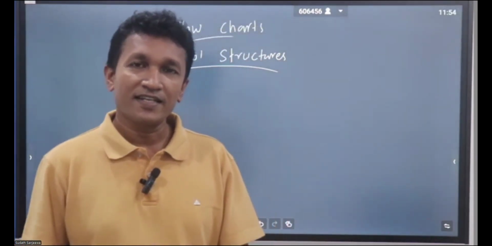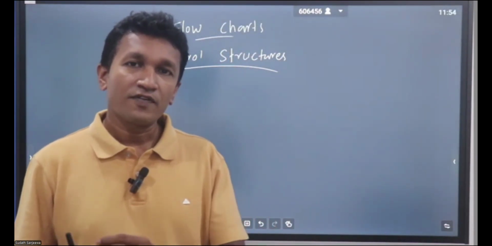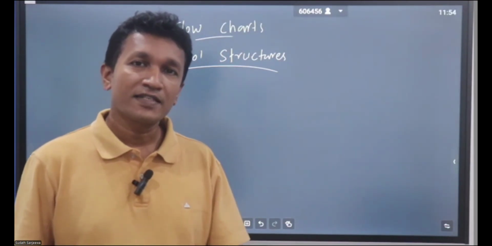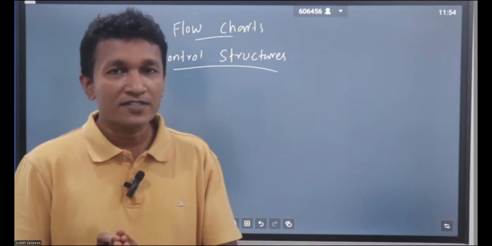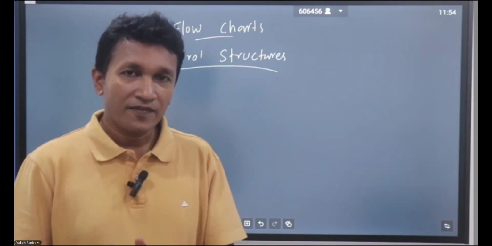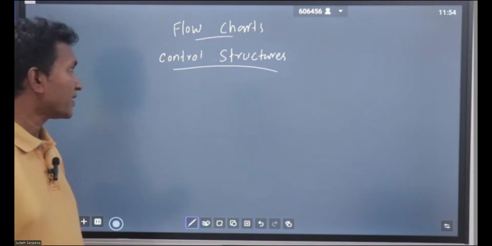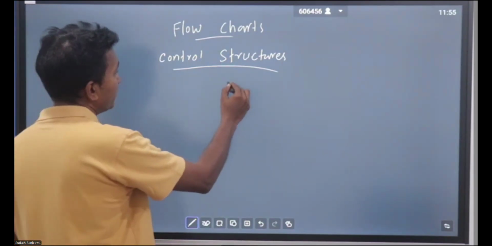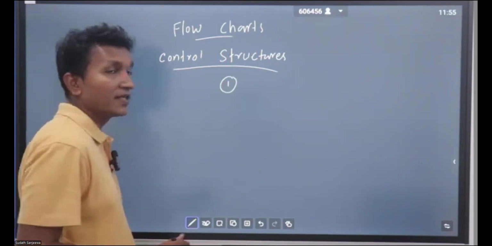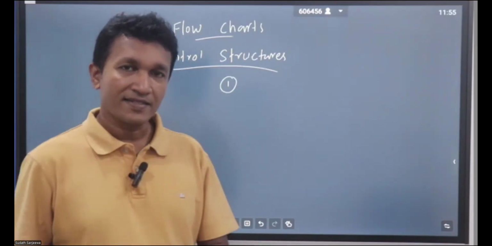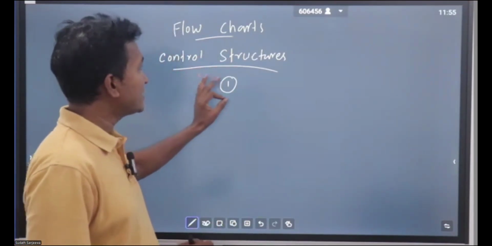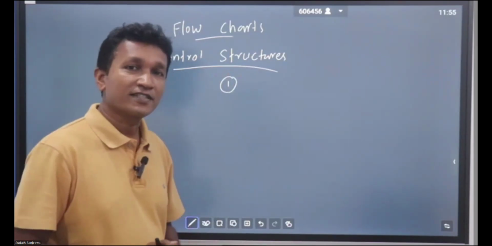Control structures show how the flow is going. From the control structure, we can identify where the flow is going, right? So there are main types of control structures. In grade 8, we discussed these things, right? So what is the one control structure?